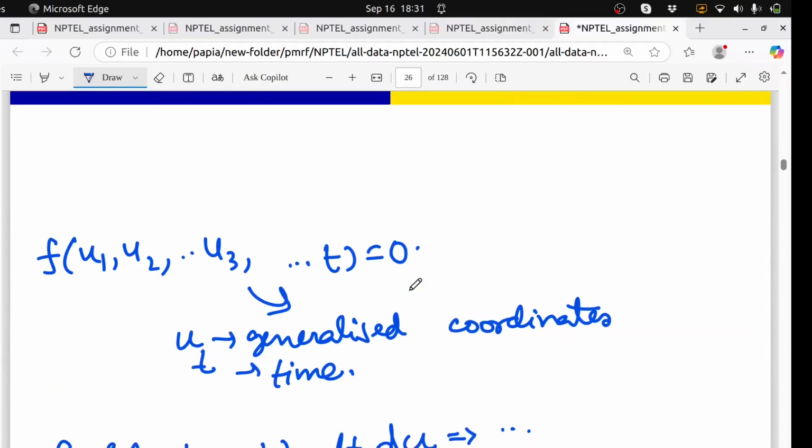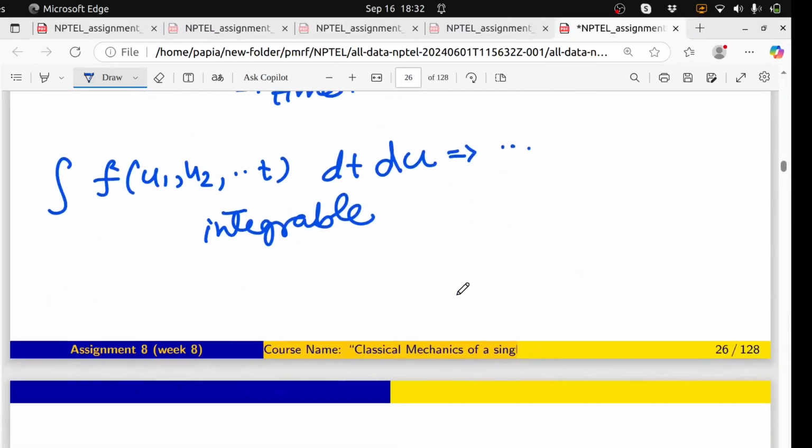And another condition we have already explained: for the holonomic case, it is not necessarily always involving the generalized velocities. Obviously generalized coordinates can be velocity, acceleration, momentum, anything. So it is not necessarily always the generalized velocities for holonomic constraints. That is also one point we had.